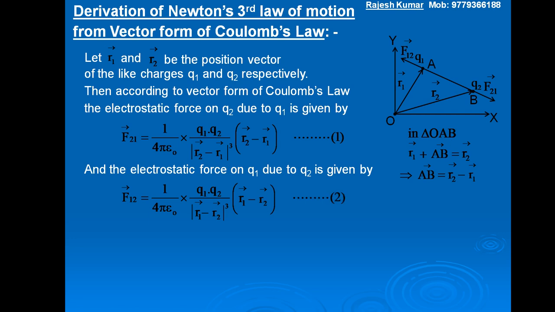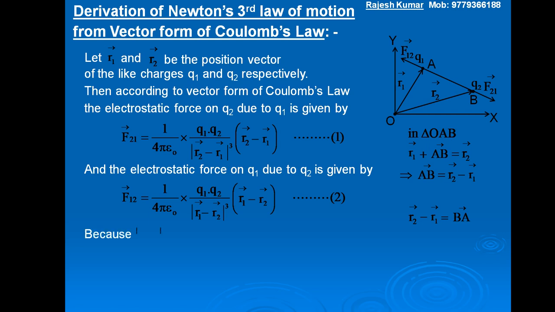Let it be equation number 2. R2 vector minus R1 vector is equal to vector BA. That's why the force F12 is acting in the direction from B to A.